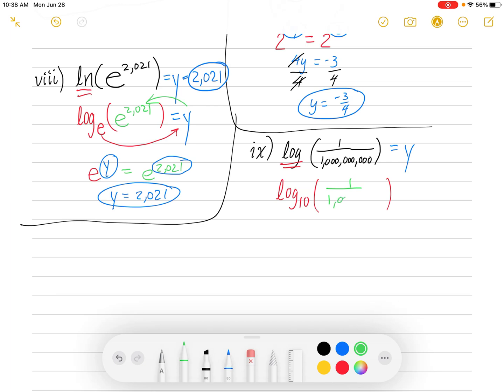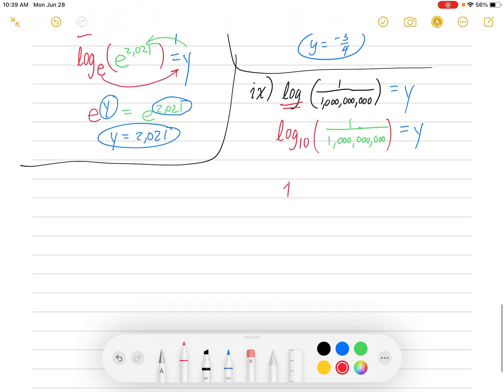The question is, when you just see log without a number down at the bottom, that's understood to be what? Log base 10. So let's write it as log base 10 of 1 over a million. Oh, that's a billion. I'm sorry, that's a billion, not a million. 1, 2, 3. There are 9 zeros, not 6. So it's a billion.